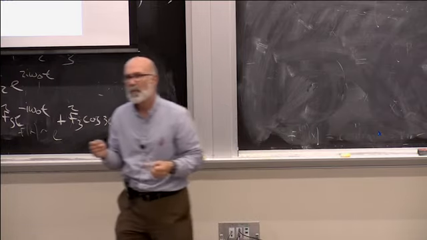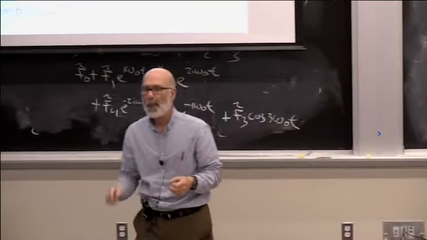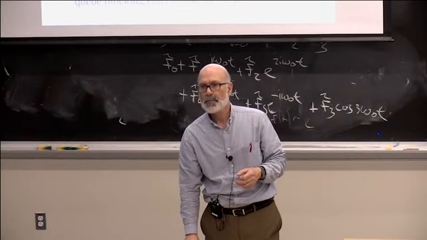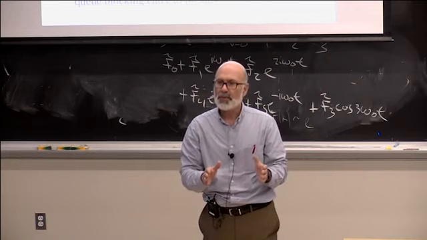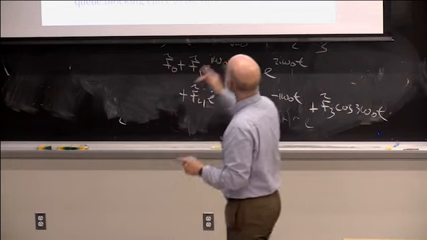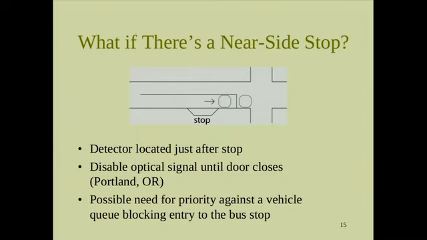A near side stop means that the detector is just right there by the intersection? Well, it means that the stop is just before the intersection. So normally, let's say I want to give a 15-second extension, I locate my detector 15 seconds upstream of the traffic light. Well, what's 15 seconds ahead when there's a dwell time in there?